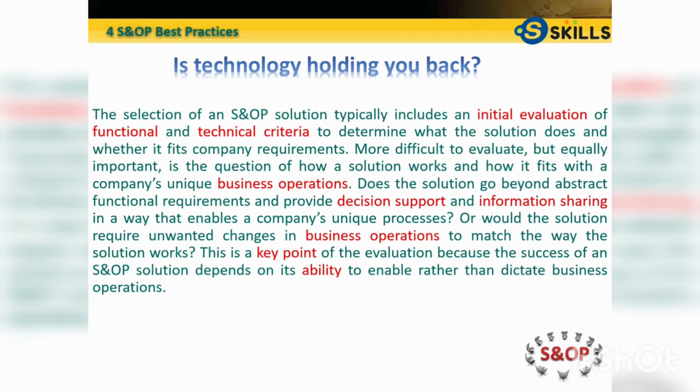Does the solution go beyond abstract functional requirements and provide decision support and information sharing in a way that enables a company's unique processes? Or would the solution require unwanted changes in business operations to match the way the solution works? This is a key point of the evaluation because the success of an S&OP solution depends on its ability to enable rather than dictate business operations.